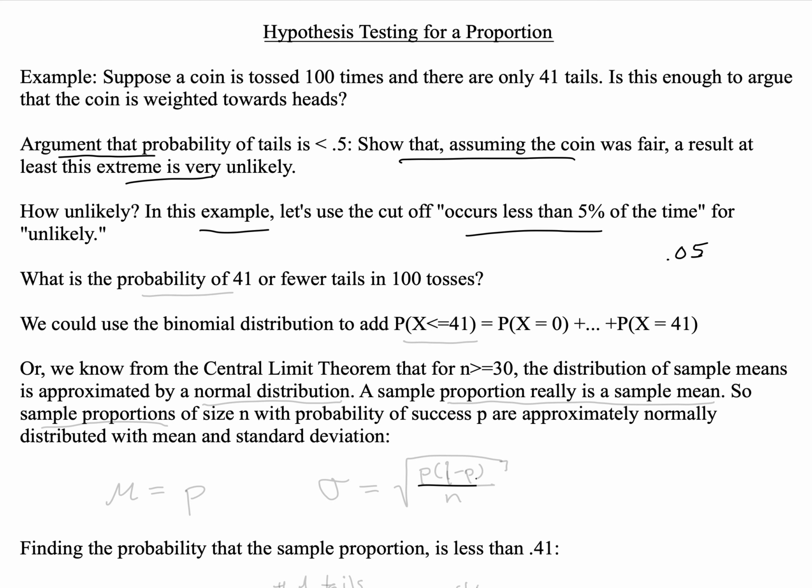So the procedure described above is hypothesis testing. Now let's talk about this in terms of the language of hypothesis testing. Hypothesis testing always has two hypotheses, the null hypothesis and the alternative hypothesis. The null hypothesis is typically like nothing has changed or the status quo is still true, and this is usually denoted by H0.